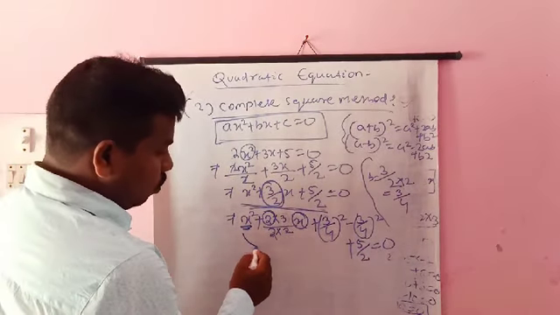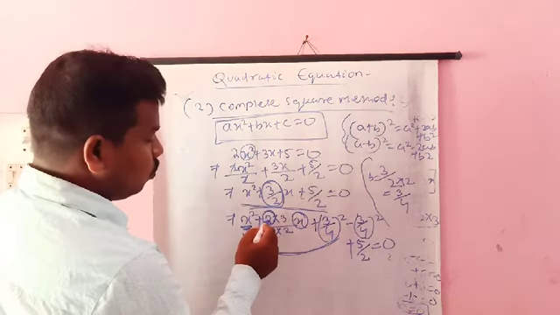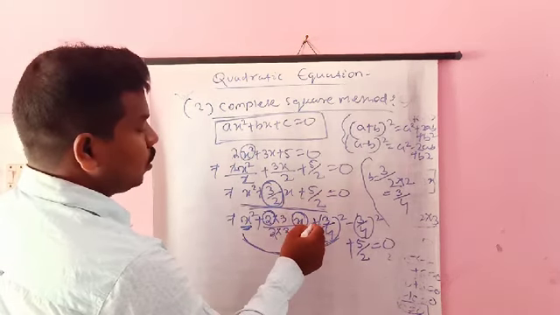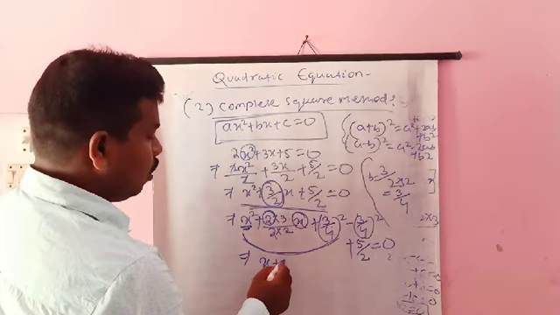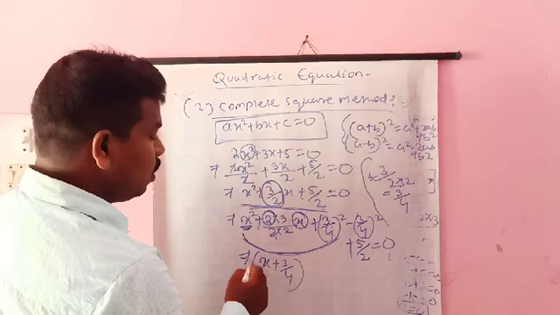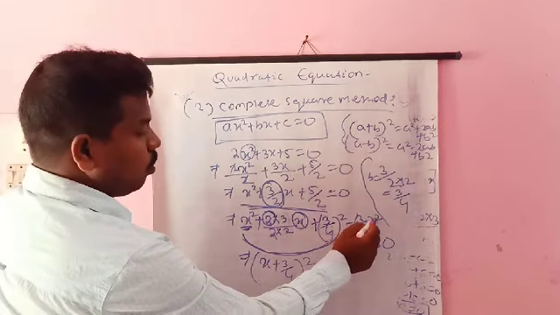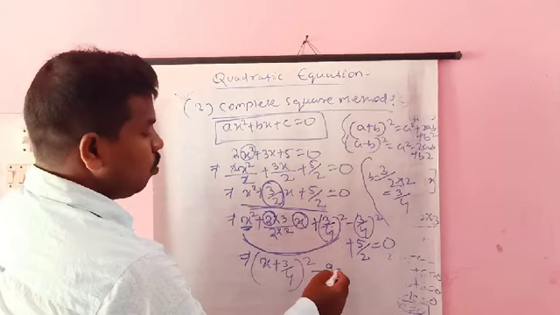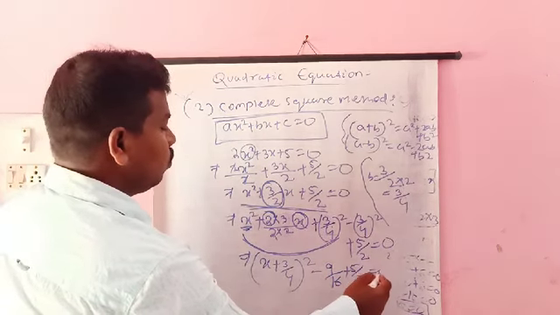This value becomes a plus b whole square: a square plus 2ab plus b square. So it can be written as x plus 3 by 4 whole square minus 3 by 4 whole square, which is 9 by 16, plus 5 by 2 equal to 0.